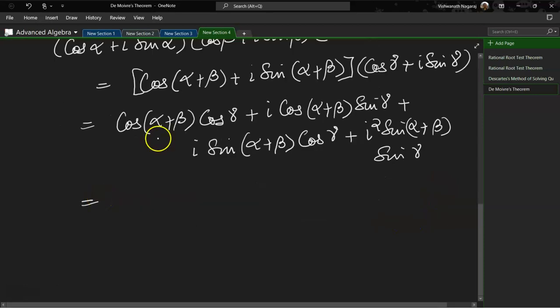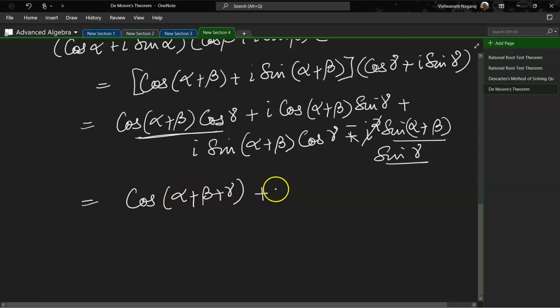Now if we take out this i square, this becomes minus. So let's take this first term and the last term. What do we get? We get cos of alpha plus beta plus gamma, plus i is common, and if we take these two, what do we get?